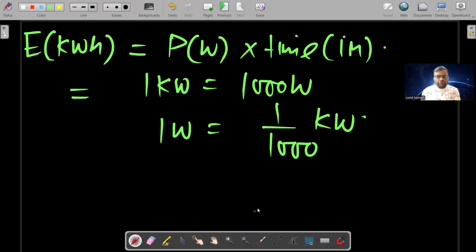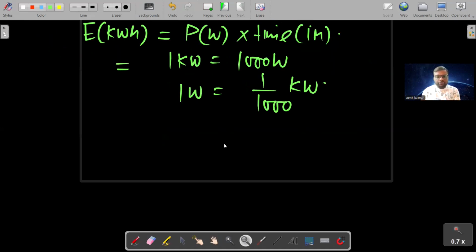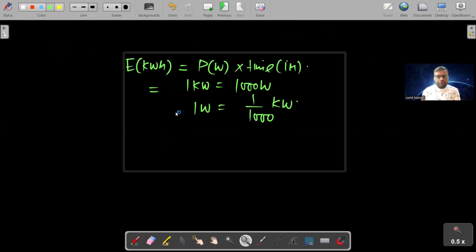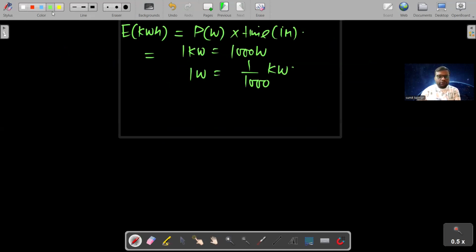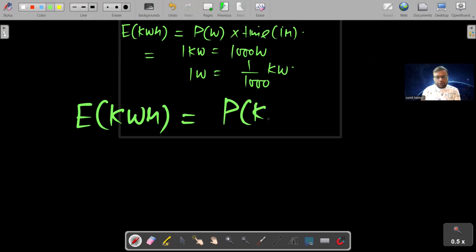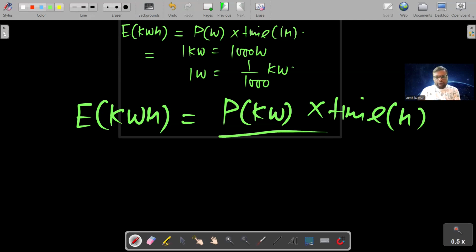So here, your electrical energy in the unit of kilowatt hour will become power in watt into time in hour upon 1000.